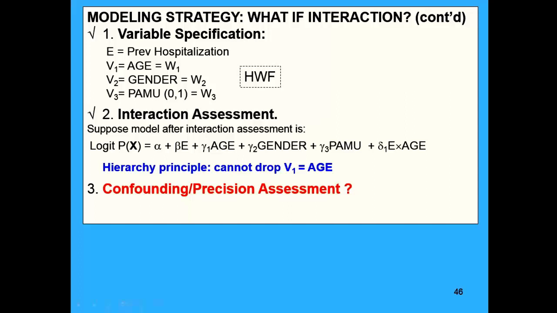So we considered this model, which had a product term. Now, the problem is that you could have more than one product term. When you have at least one product term, the odds ratio for the model that has all the variables in there, including the product term, is no longer a single number, e to the beta. It involves the effect modifier.